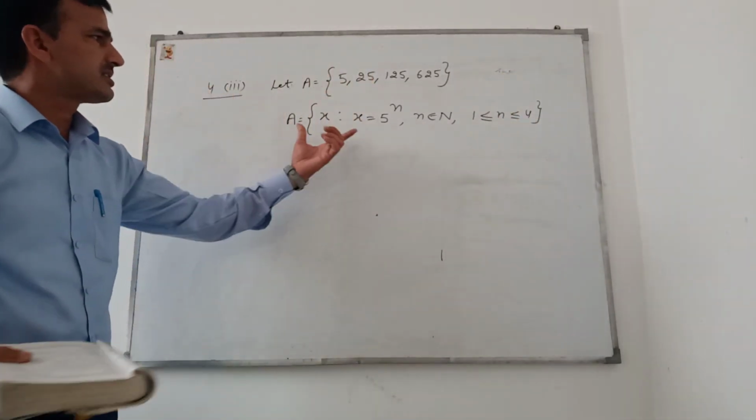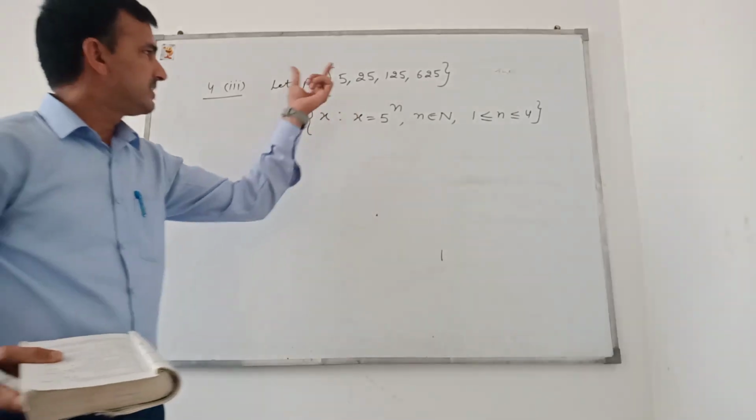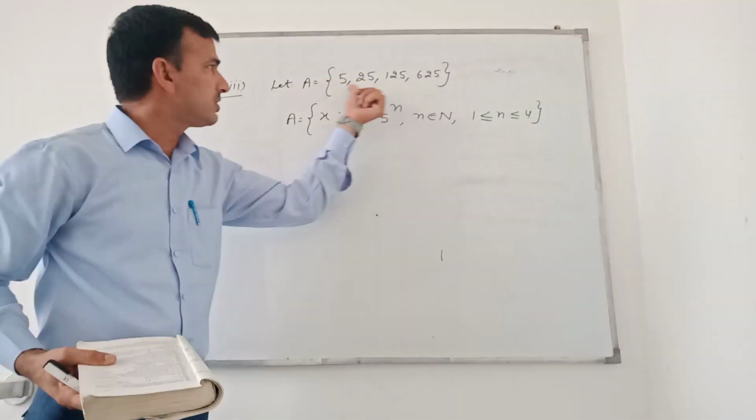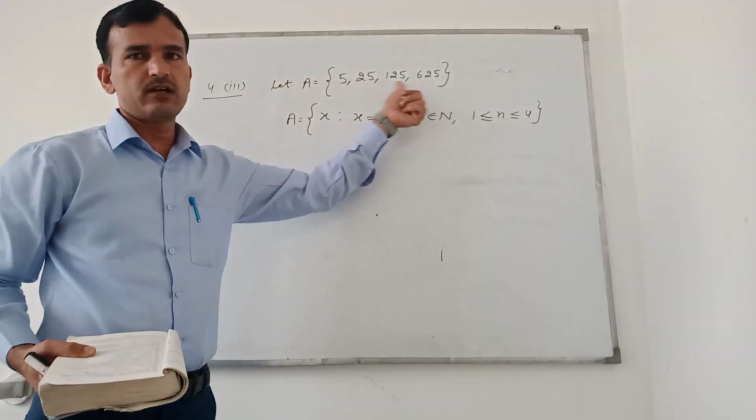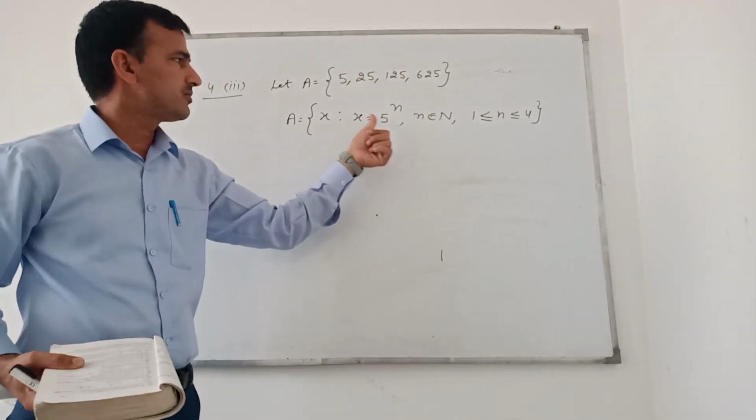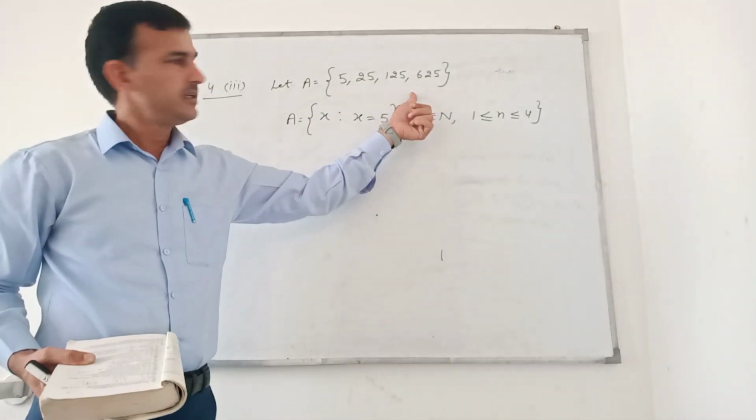This is the set builder form. This x represents all these 4 numbers.